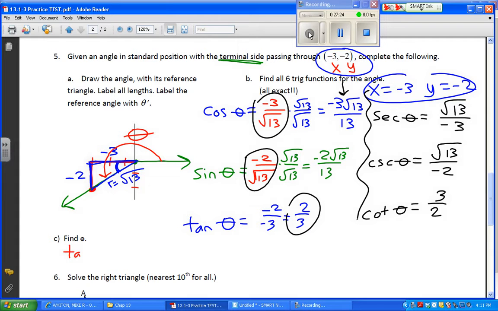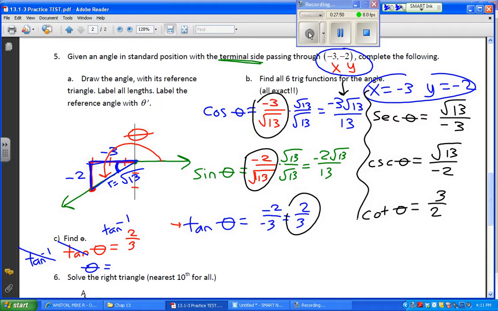We know the tangent of theta that we just did right here is equal to 2/3. If we want theta, we need to do the inverse tan on both sides. So let's go inverse tan, inverse tan. That's going to cancel that and just give us theta.